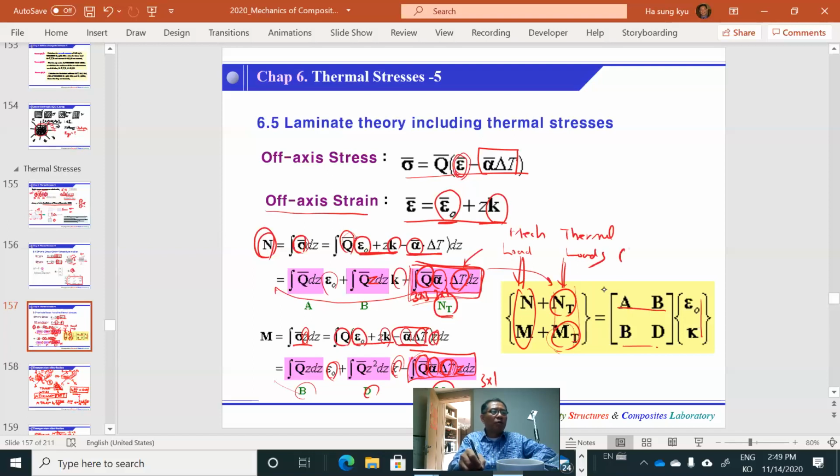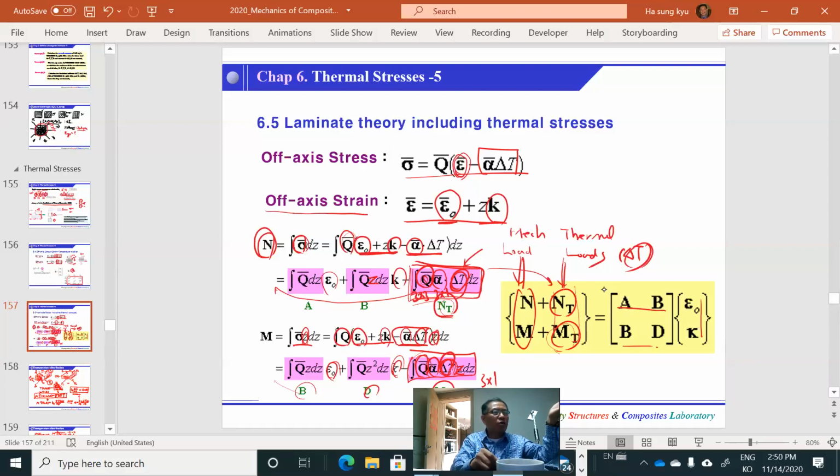That means once we apply delta T, this one will generate some equivalent mechanical load. So what we need to do, programming wise, given delta T, is to calculate this NT.